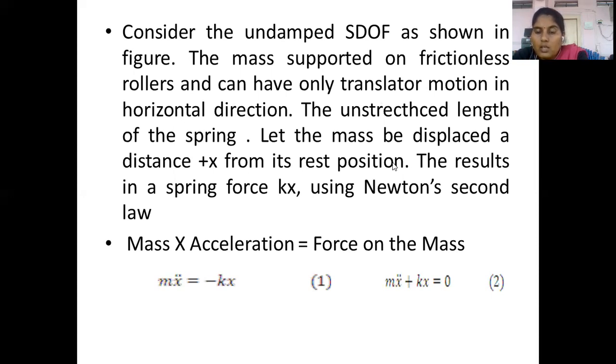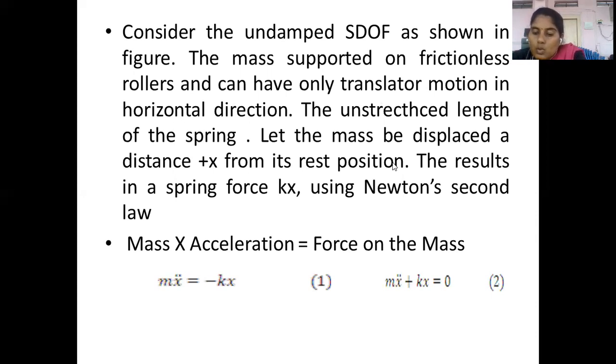comma, using Newton's second law: mass into acceleration is equal to the force on the mass.